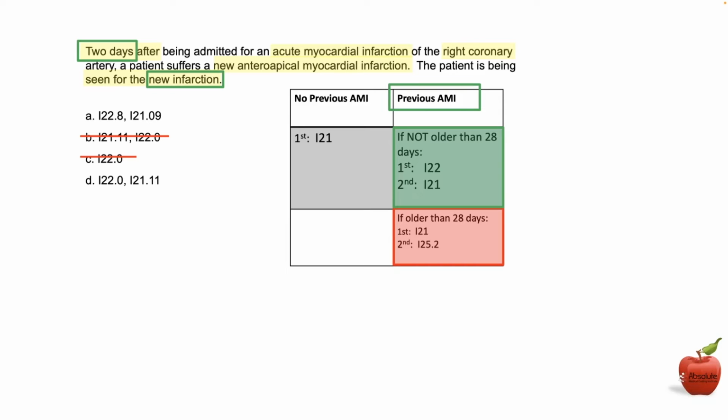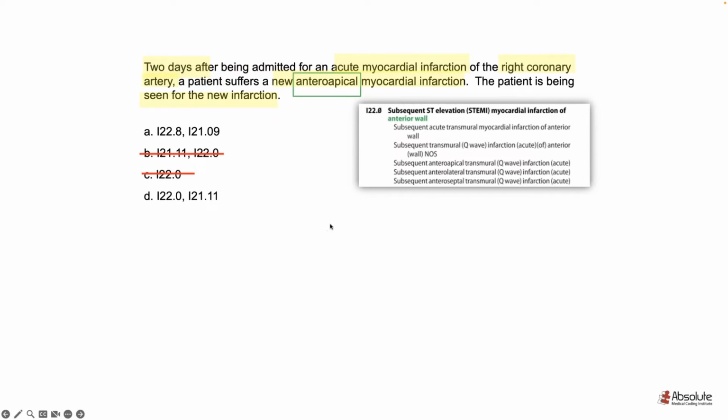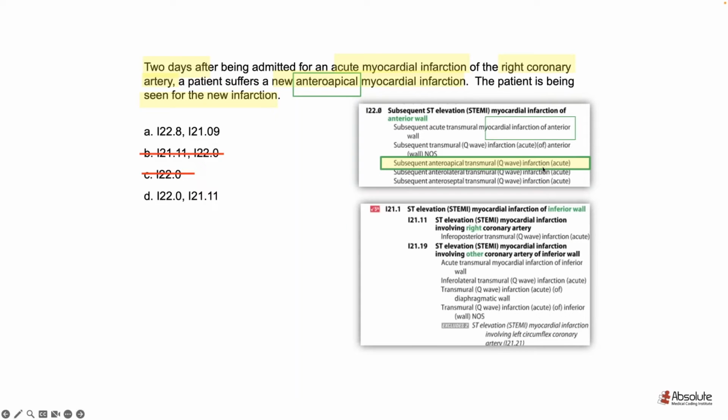So let's go ahead. Since this is a multiple choice situation, we can go right to the tabular list and we're going to look up I22.0 and I22.8. I22.0 is coding for the subsequent anteroapical infarction. I like it. I do.